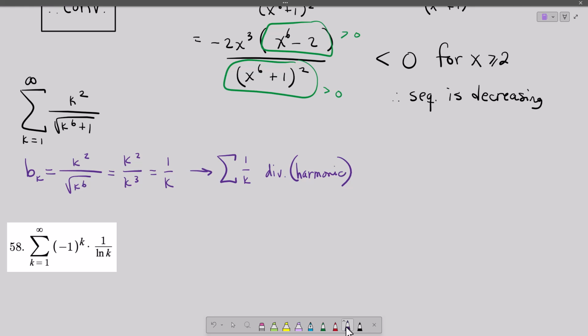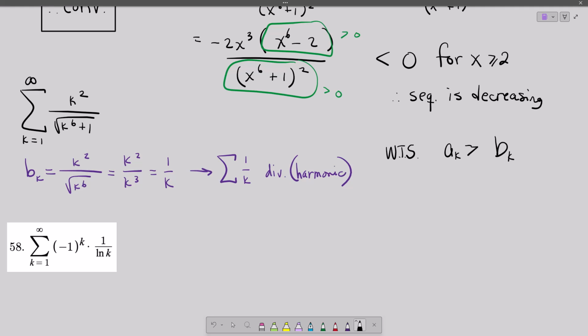So our suspicion is that this diverges. That's our suspicion. Let's check. So we would want to show that a sub k is bigger than b sub k, because bigger than diverging diverges. So for the direct comparison test to work, we would have to show this.